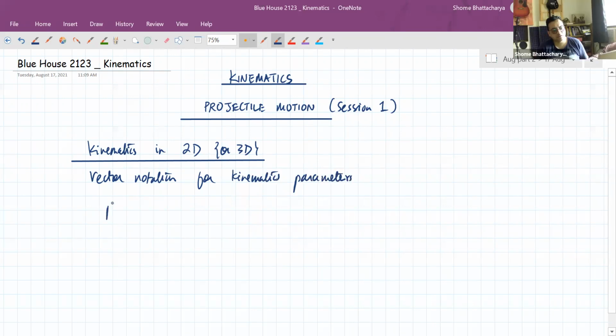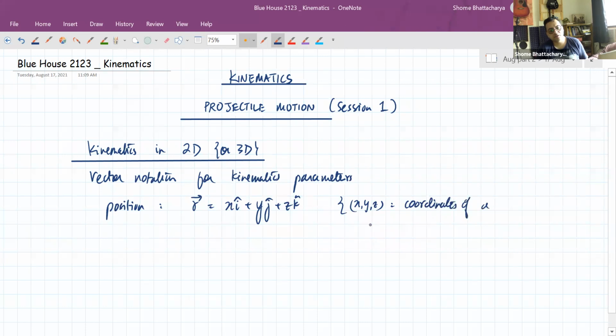So the position is given by a vector quantity, which we generally denote by r, which becomes x i cap plus y j cap plus z k cap in 3D, where x, y, z are the coordinates of a particle at some time t.